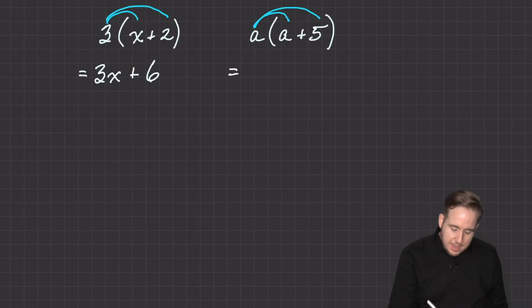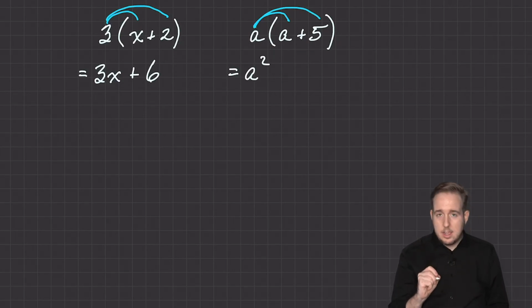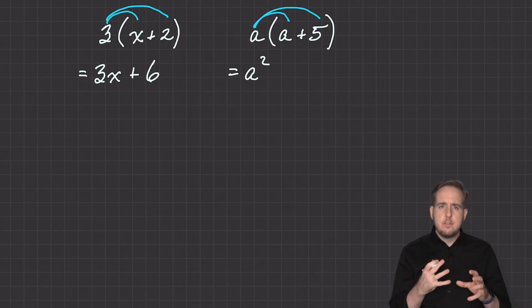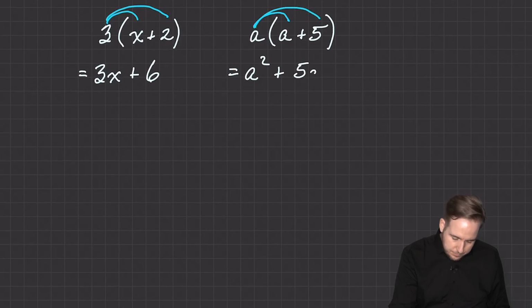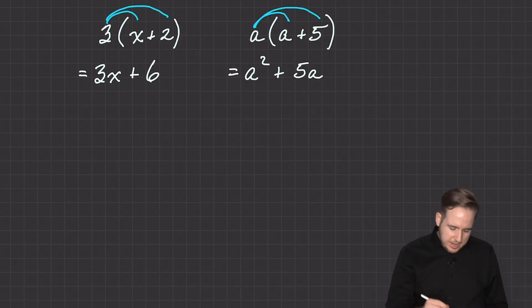So this is a times a. Well, we know that a times a is a squared, and a times 5. Well, when you have variables multiplied with stuff, you don't calculate anything, you just keep a record of what you were doing. So a times 5 is 5a.